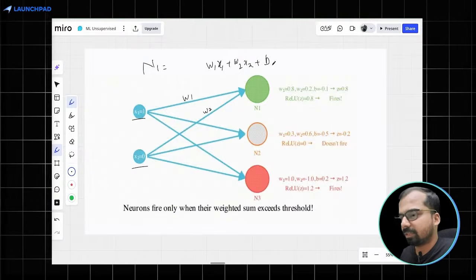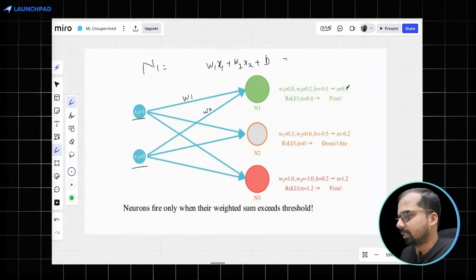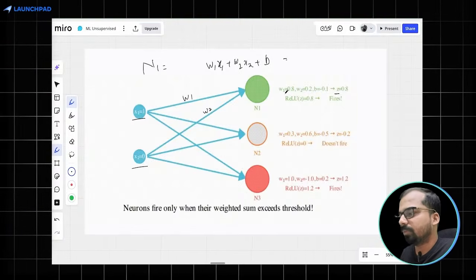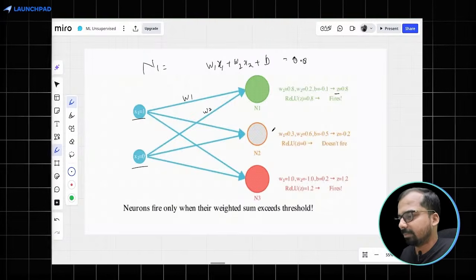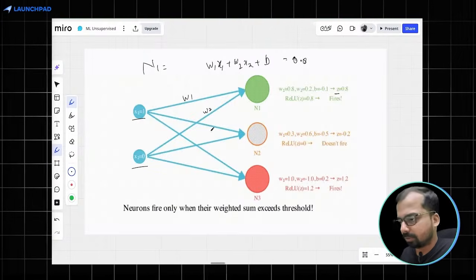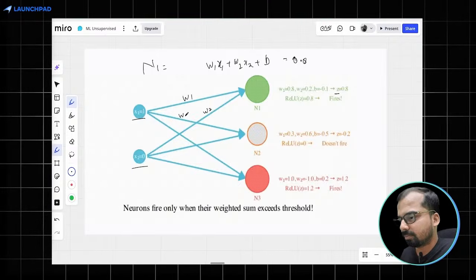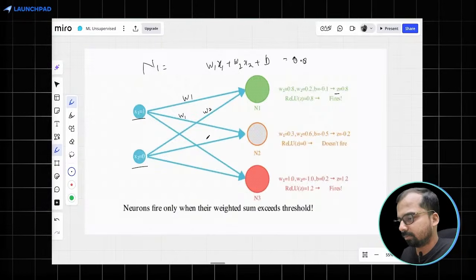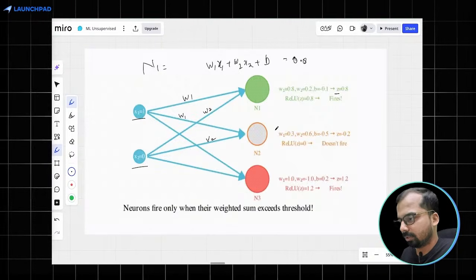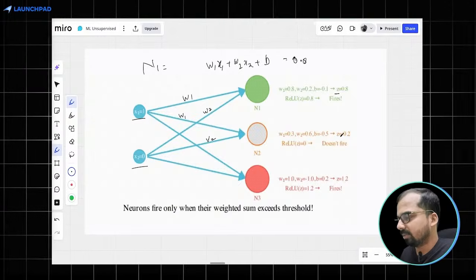This summation will be calculated, and that value is called z, and it comes out to be 0.8. The same thing will be done for the second neuron. This will be my w1 for the second neuron and this will be my w2 for the second neuron, and then again the same calculation will happen.